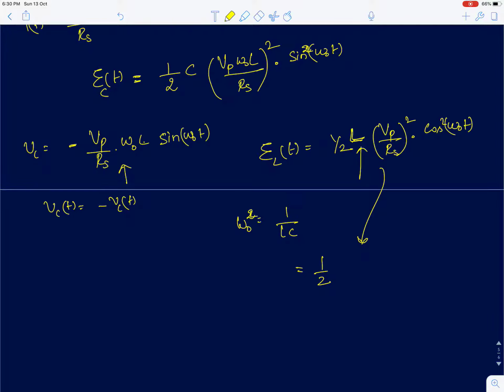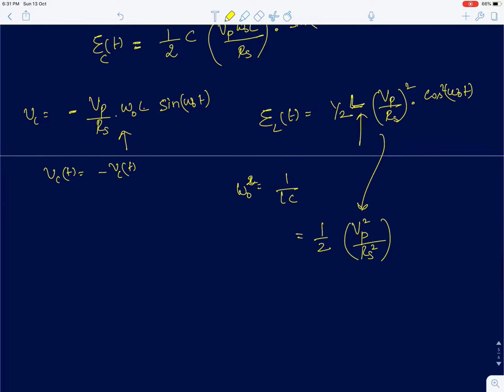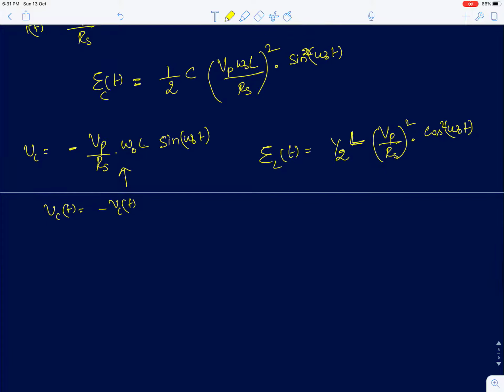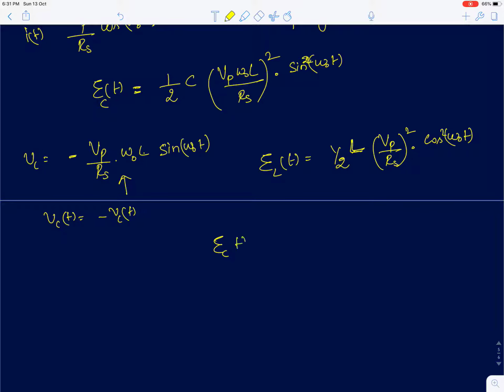So this result becomes Vp square by Rs square, and we'll write it in terms of L, that must be easier. So this must be half L. Now if you look at the energy across the capacitor, you can write it as half C, and I'll take omega naught L the whole square out.